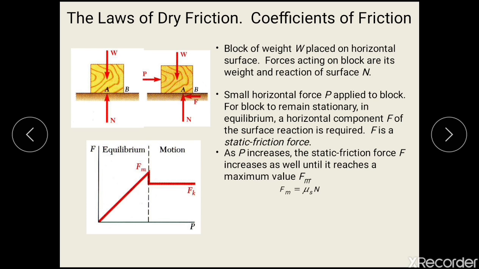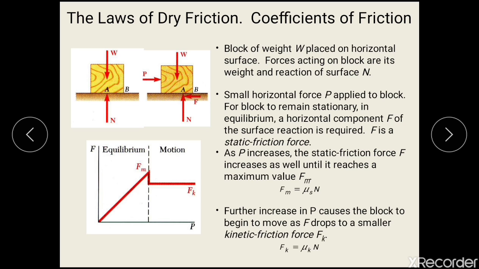After that, it is considered kinetic frictional force. So Fm is the maximum frictional force under the equilibrium condition, that means static condition. Fk is the frictional force under the kinetic condition.